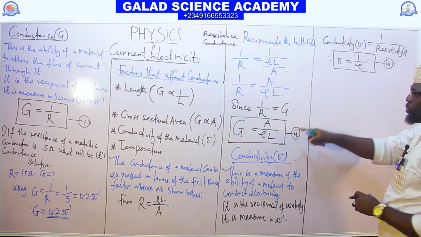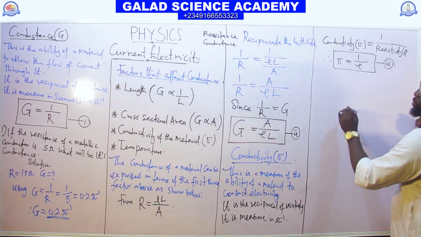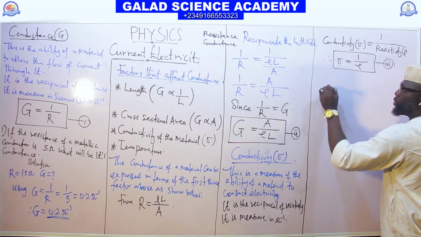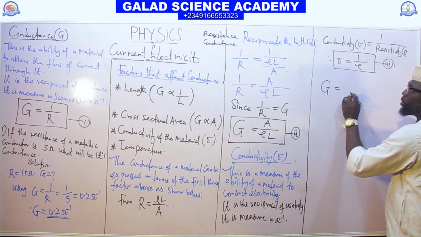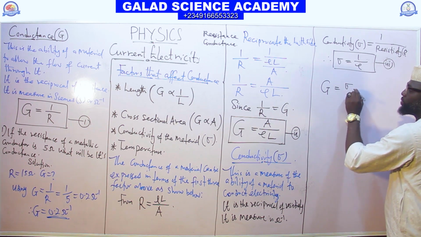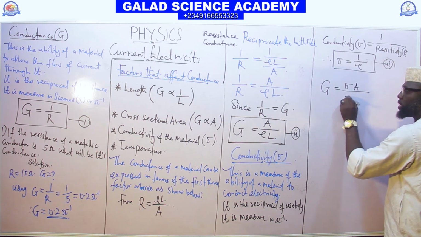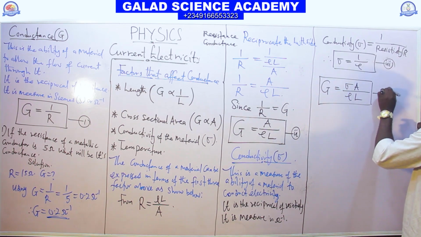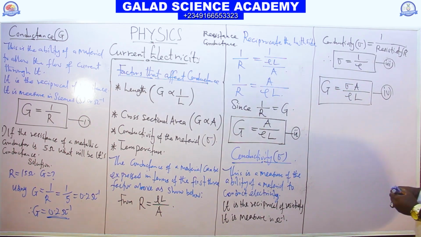Substitute this equation 3 here. So if you put the 1 over resistivity to this side, you will have G equal to the conductivity times A over L. This is the equation. Good.